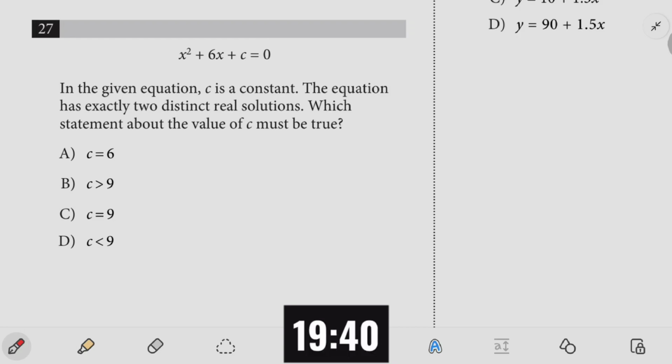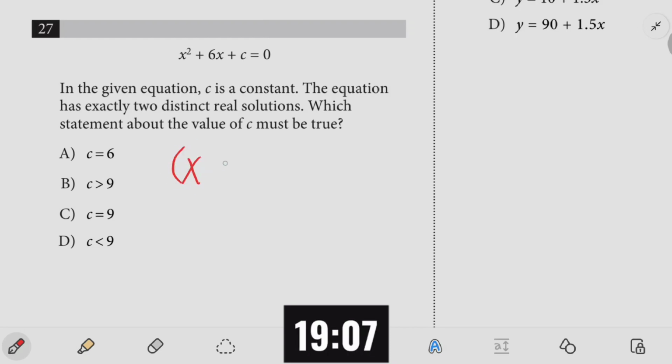Two distinct solutions. Let's see. If c is 6, then... no. If it's 36, frick.